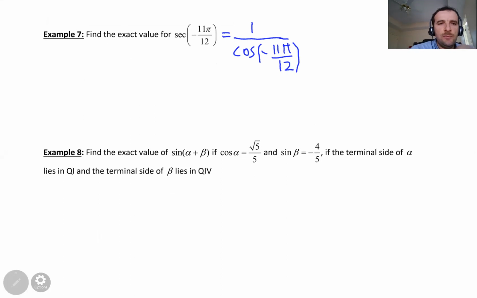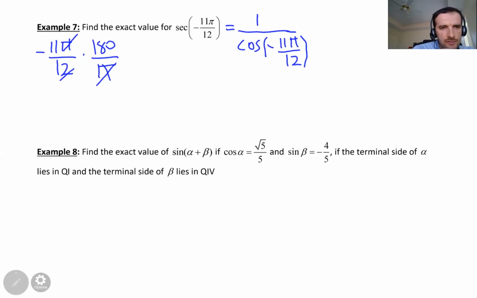So it's enough to find cosine of negative 11 pi over 12. Let's convert it to degrees, times 180 over pi. I can cancel out the pi's and simplify it. 12 and 180, I will have 15 here.